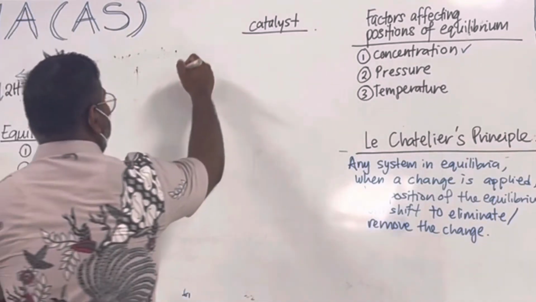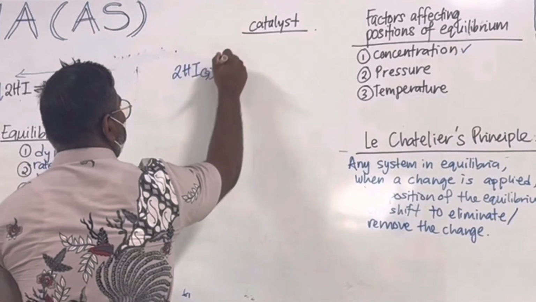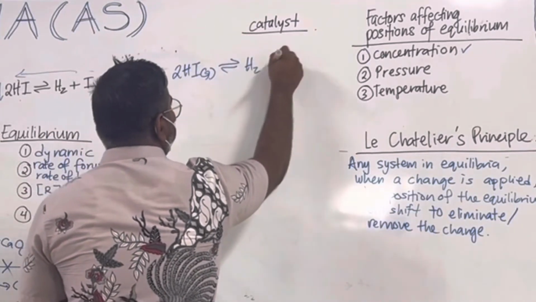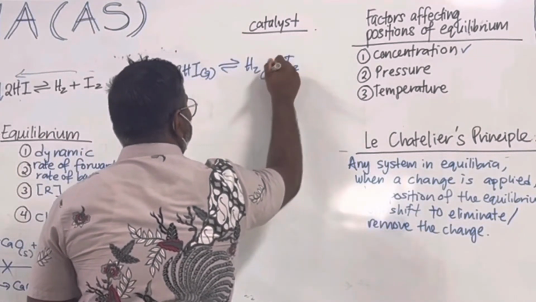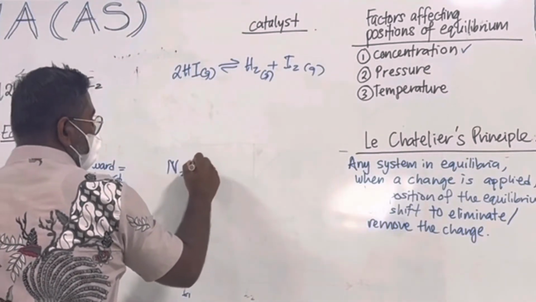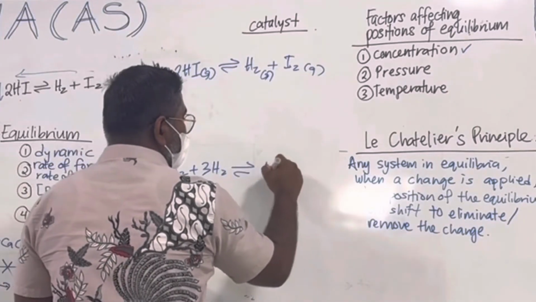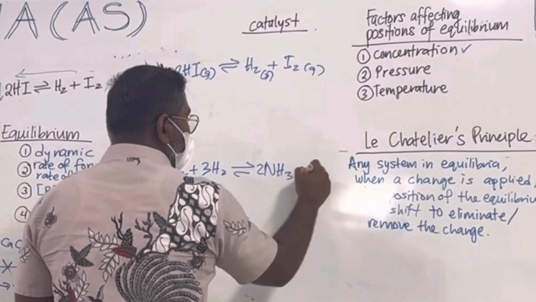I give you two examples here. 2HI, all these are gas, will give you H2 plus I2. And then another example, N2 plus 3H2 to give you ammonia, also gas.